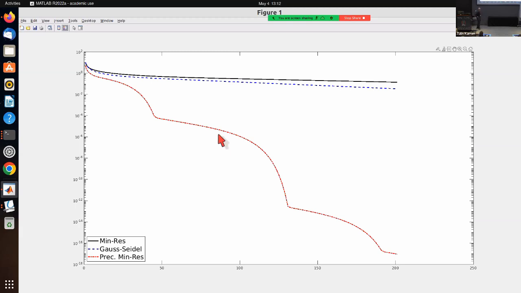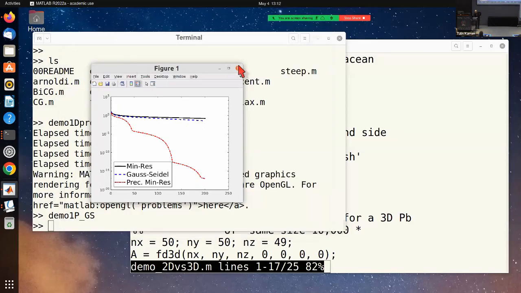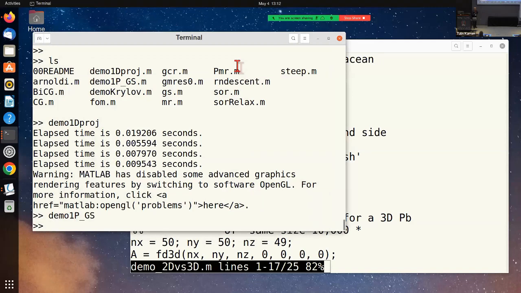This is Gauss-Seidel preconditioning, so you use essentially an approximate factorization you get from the Gauss-Seidel algorithm. Tremendous gain. I don't talk too much about preconditioning in this tutorial because it's a whole different thing, and it would take us forever.